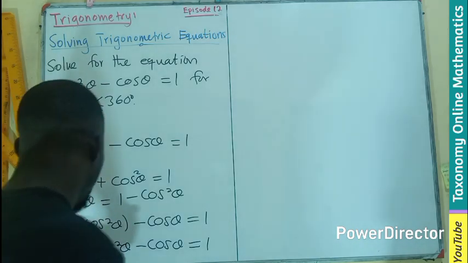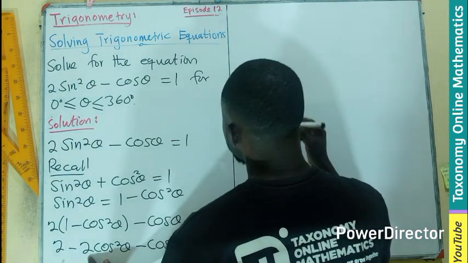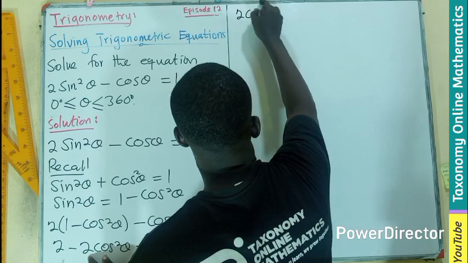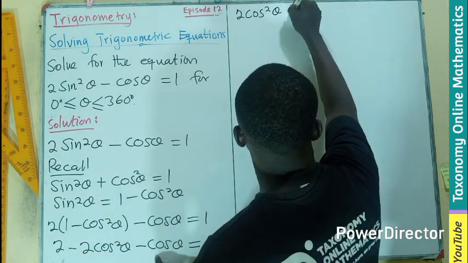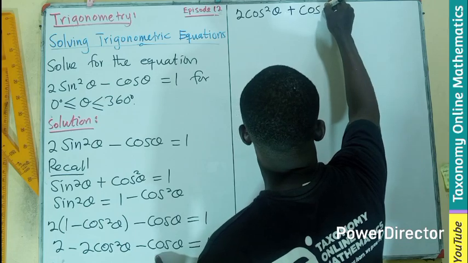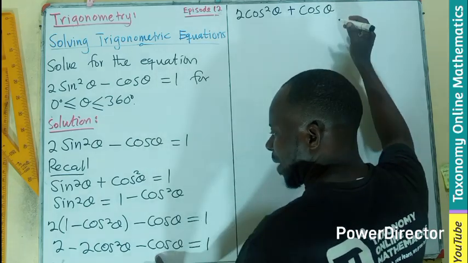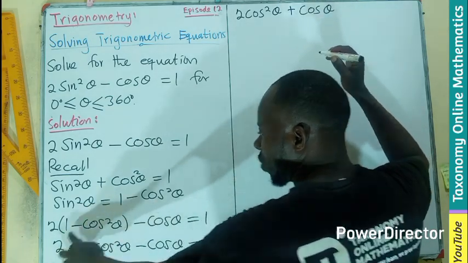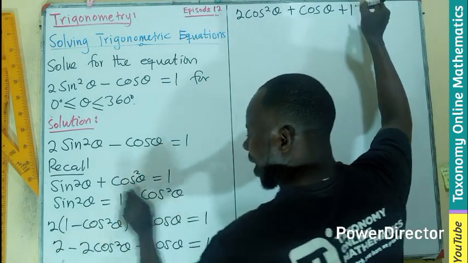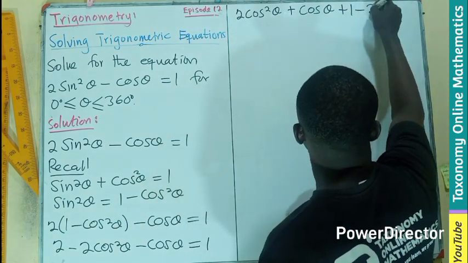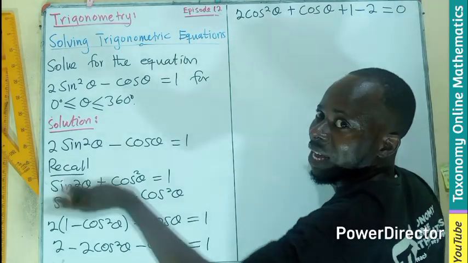Do you get that? If I transfer this, I still have a positive 2 cos square theta. Transfer this, positive cos theta. I'm transferring this also, but there is already plus 1, so when this comes in there, it becomes minus 2, leaving 0 at the other side.